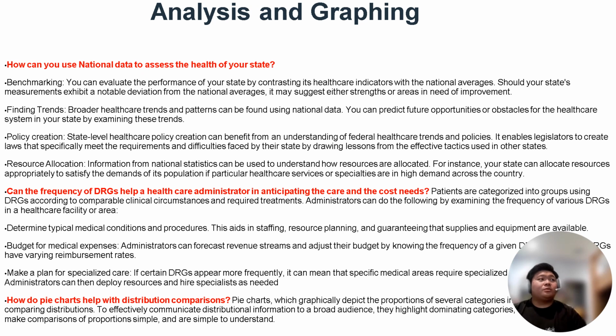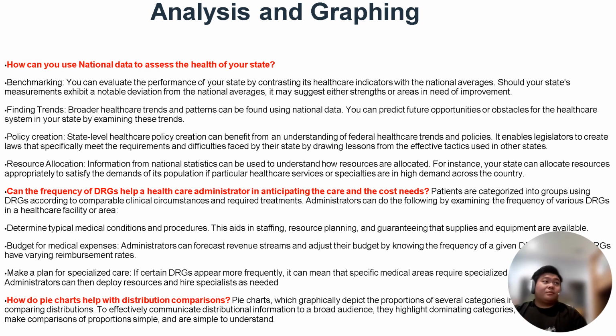And last one is resource allocation. Information from national statistics can be used to understand how resources are allocated. For instance, your state can allocate resources appropriately to satisfy the demands of its population if particular healthcare services or specialties are in high demand across the country.